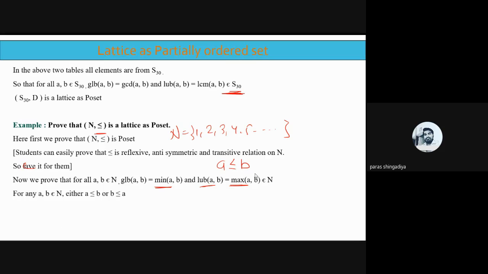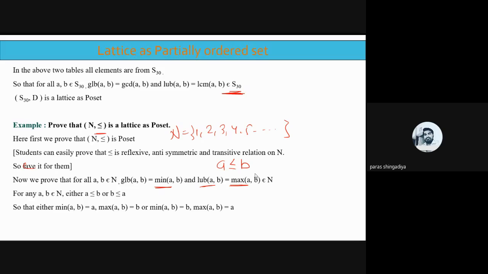We have two choices for that because we have natural numbers, starting from 1 2 3 and so on. So if you choose any two numbers in it, then either a is less than or equal to b, otherwise b is less than or equal to a. Okay, these are the only two possibilities, and based on these two possibilities we'll now check the minimum and maximum.